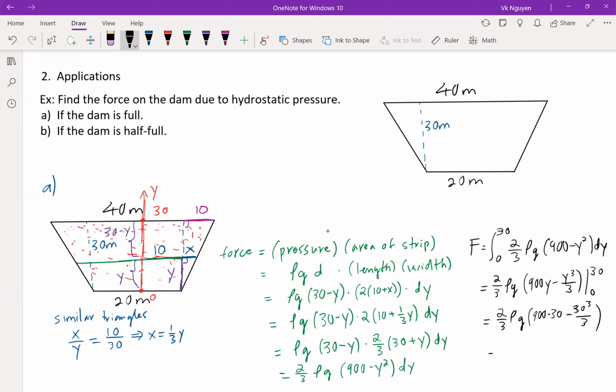Simplify that with a fraction, and we get 12,000 rho g Newtons. Well, if we know the density of water, then we can do the substitution. The gravitational acceleration is 9.8, so you can easily compute the actual force.